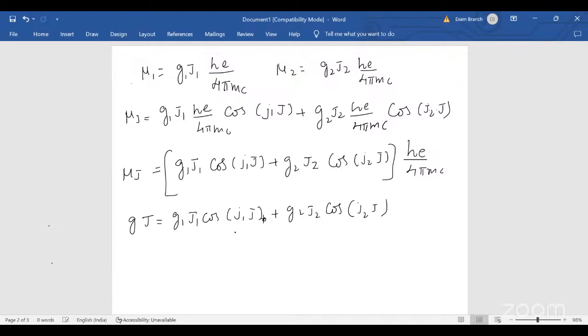Okay, this one we are writing as G times J. Then what we'll get, mu J is equal to G times J into eh by 4 pi mc.